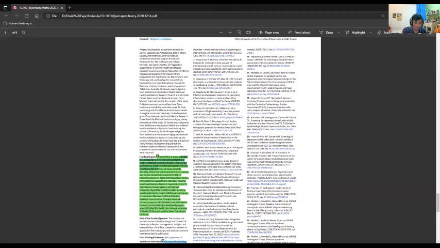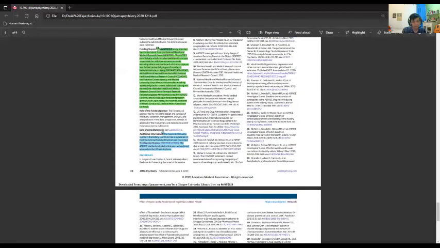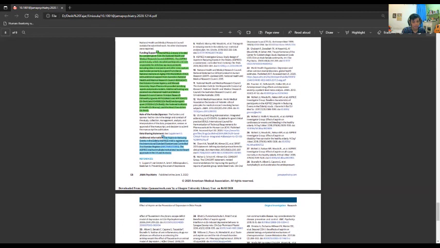This is the information about the funding: who is supporting the ASPREE project. It is known from the National Health and Medical Research Council, a grant from the US National Institute on Aging, and support from the Australian National Health and Medical Research Council, etc. So this is the funding and support this article has.